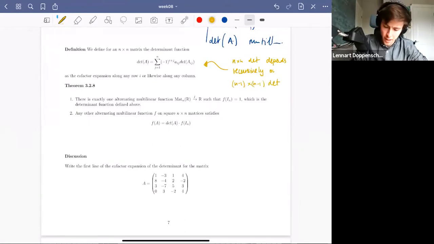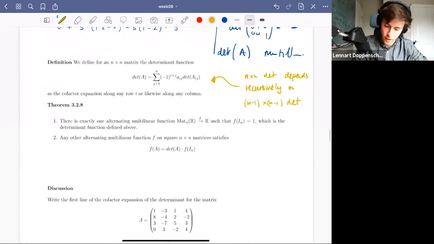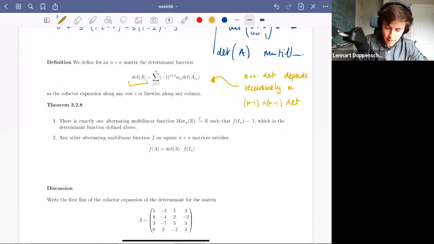That is clear from this equation, because if you give me an n by n matrix and I tell you it's a sum with different coefficients of determinants of the minors, then these minors are n minus 1 by n minus 1 matrices. So just from this equation, it's clear that this is a recursive definition.